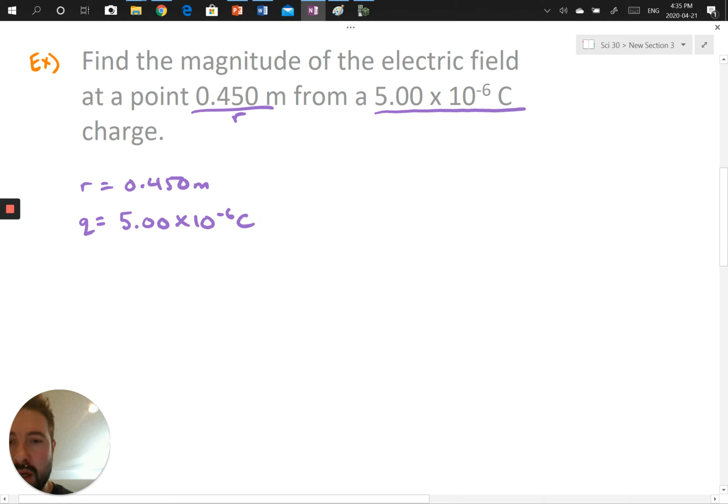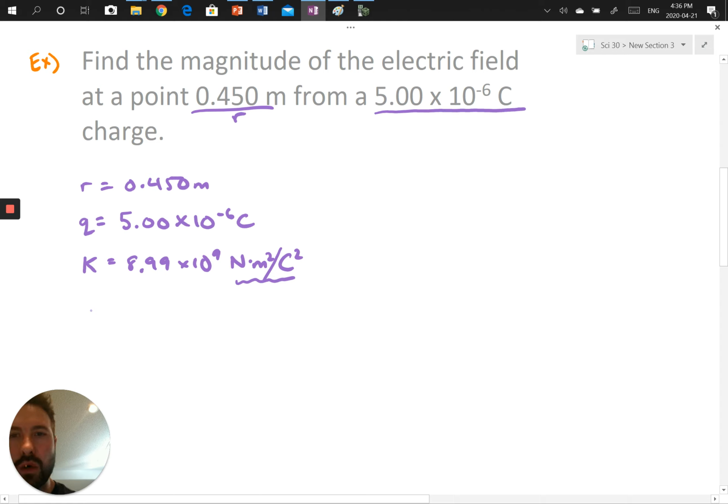One thing I'm also going to need is K. K is the constant, and our value for K is 8.99 times 10 to the 9 Newton meters squared per Coulomb squared. It looks very similar to the gravitational constant that we learned.